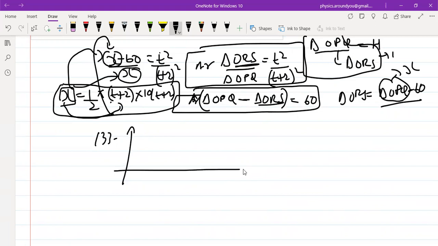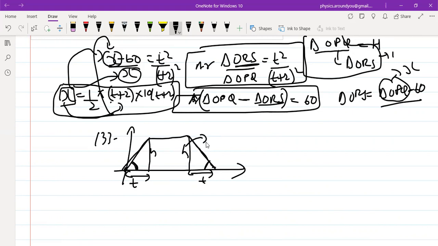We sketch a VT graph. It is taking the same time here and it is taking the same time here. Height of both triangles is the same. This triangle, this triangle, time is also the same, which means the angle is also the same. The acceleration is equal to the magnitude of the retardation.